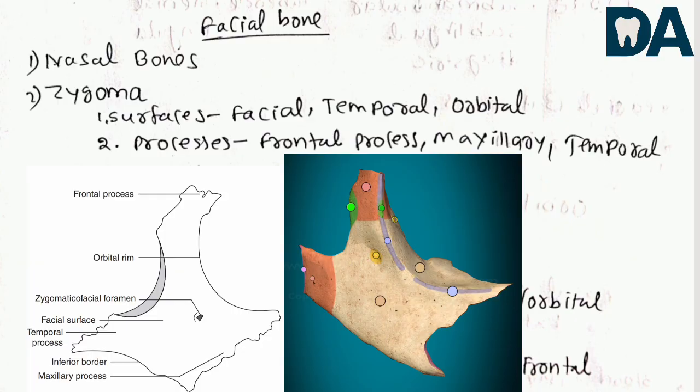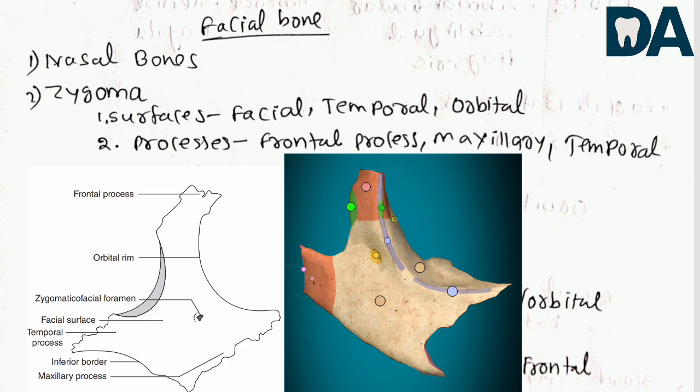An extension of the zygomatic bone joins with a process of the temporal bone to form an arch-like strut called the zygomatic arch.